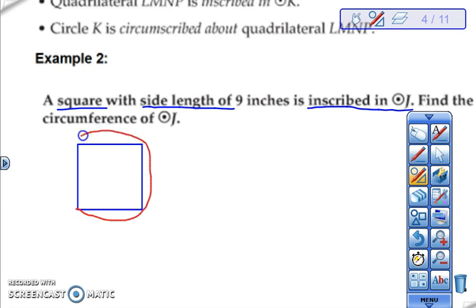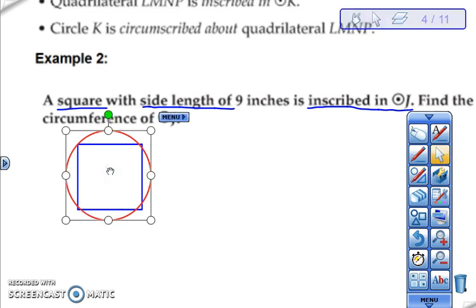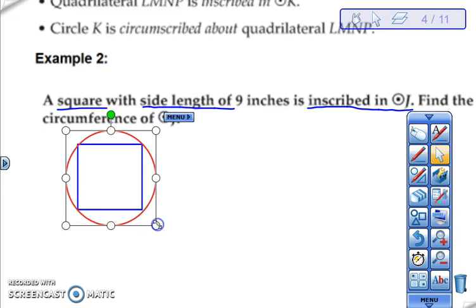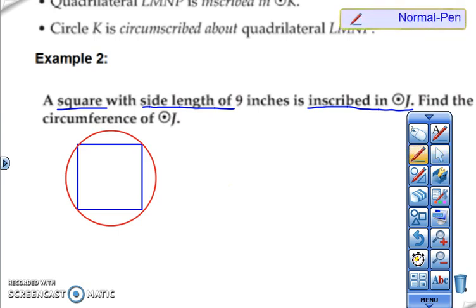Here's our circle. And if we do it correctly, we want to try to make it so that the circle hits the corners of the square, like that. We know that each side of the square is 9. And we need to find the circumference of the circle.